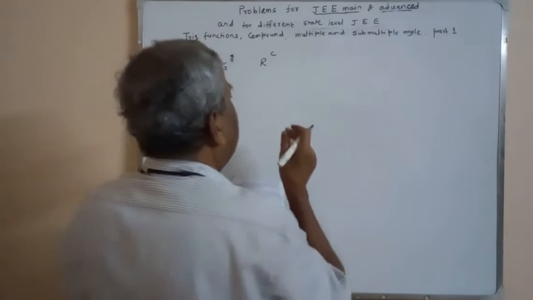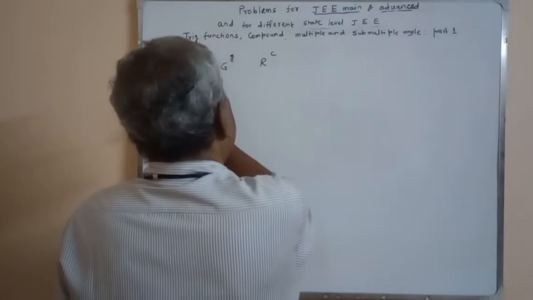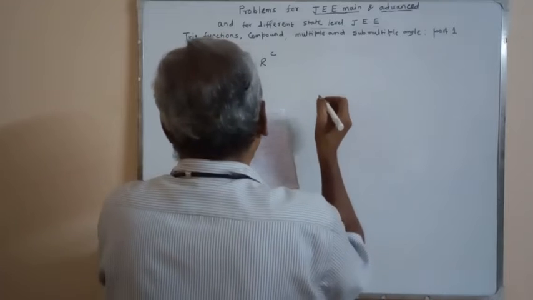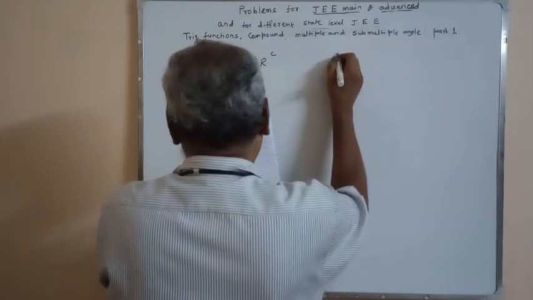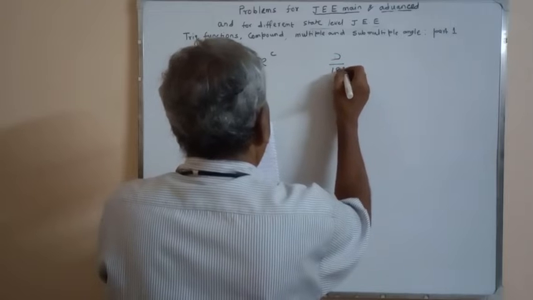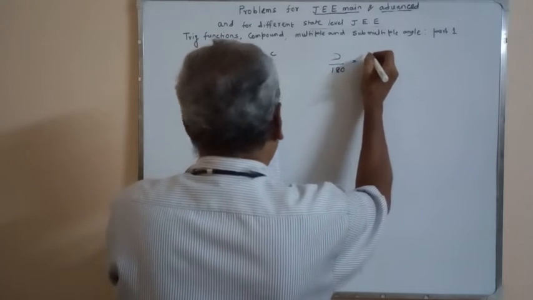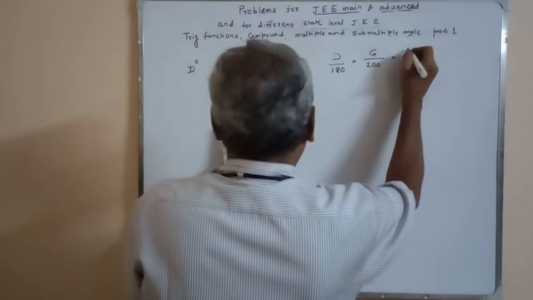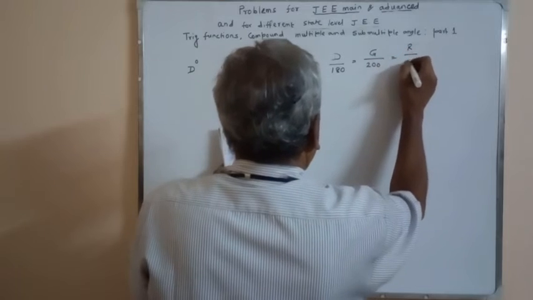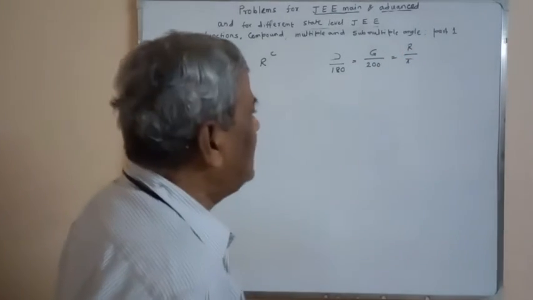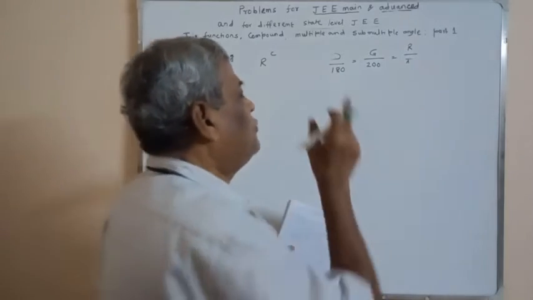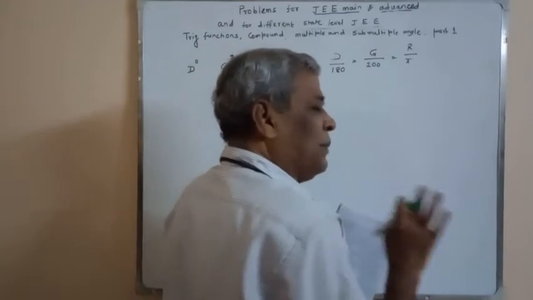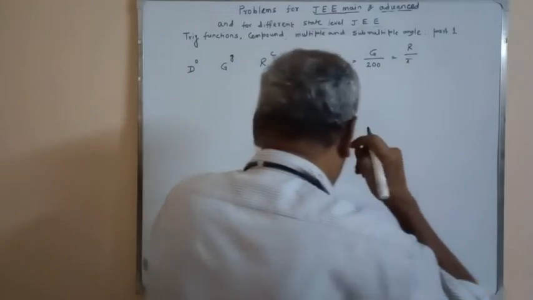Then there is a relation between this degree, grade, and radian this way: D by 180 is equal to G by 200 is equal to R by pi. Pi is a ratio 22/7. Using that one, from degree to grade or grade to degree to radian, everything can be calculated.